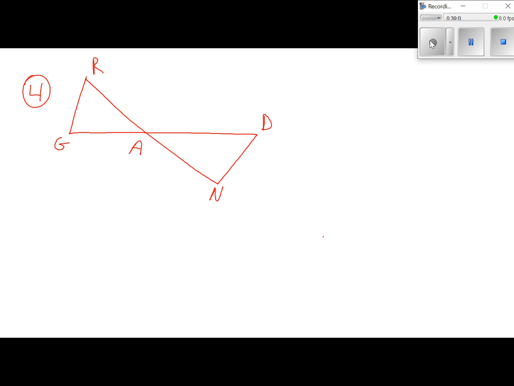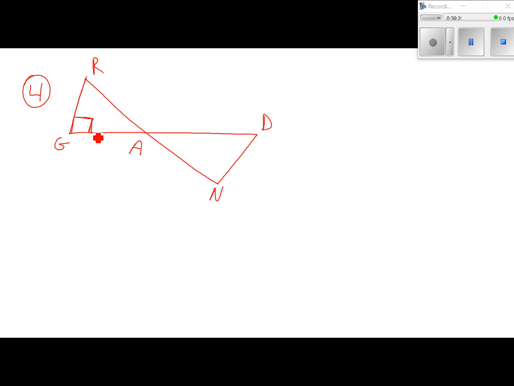So I have the picture drawn here. If you can't see the picture very well, I know it's dark, but let's go back, and it says GD, that's this segment going across through here, is perpendicular to RG, which is right here, so they're telling us that that should be a right angle.